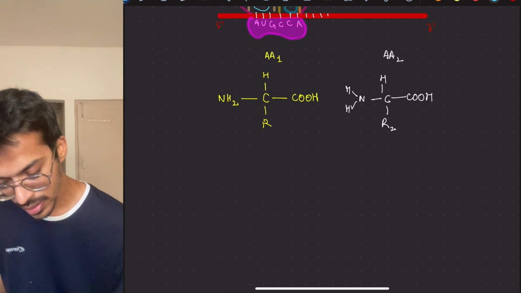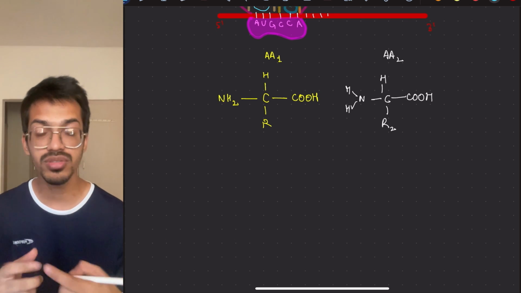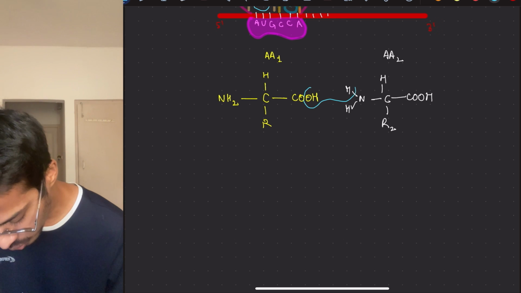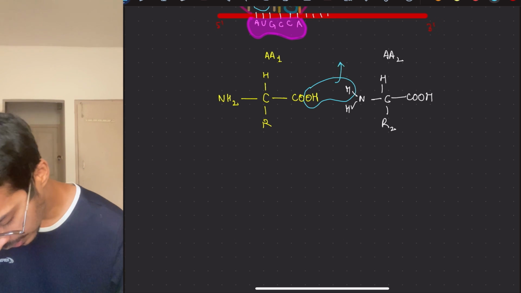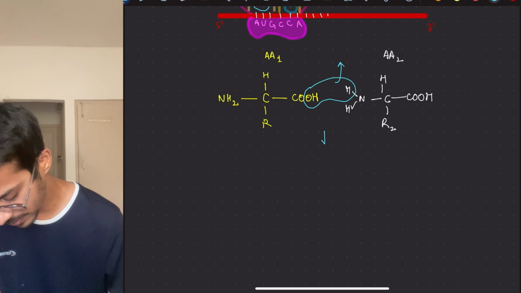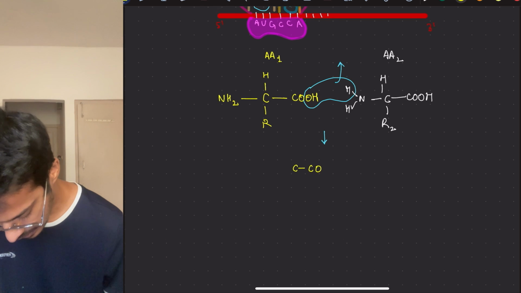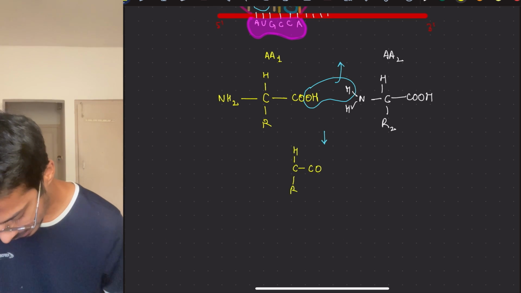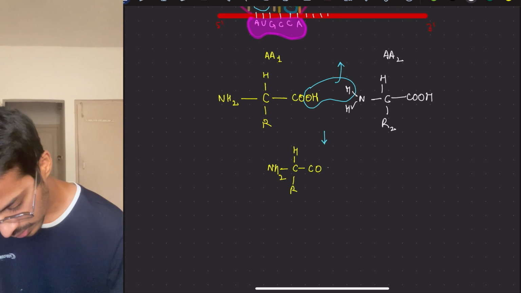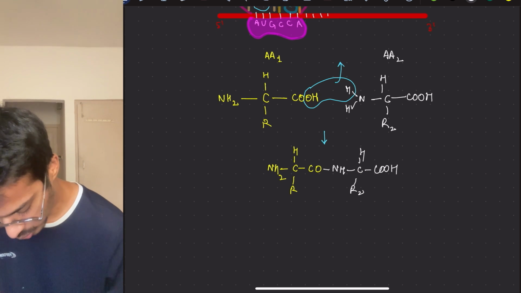Now what will happen? They will try to make a bond by a dehydration reaction. This will leave, and it will make a bond. What kind of bond will it look like? Let's see that. CCOHRNH2, whereas this is NHCHR2COOH.